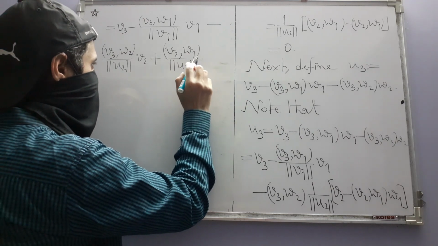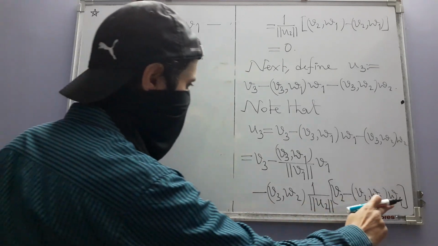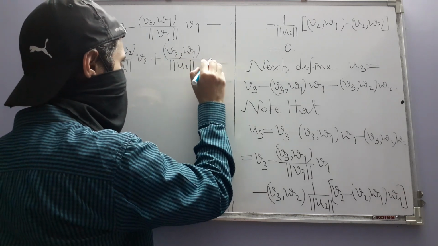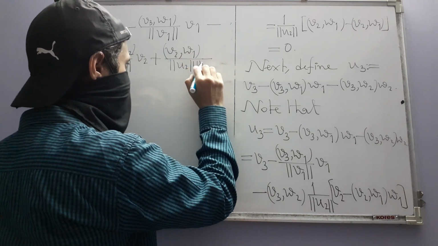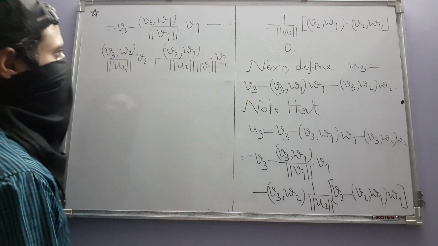But now if you want to avoid writing another line which is almost like this, you can in fact write what W1 is, and W1 is V1 divided by its length.